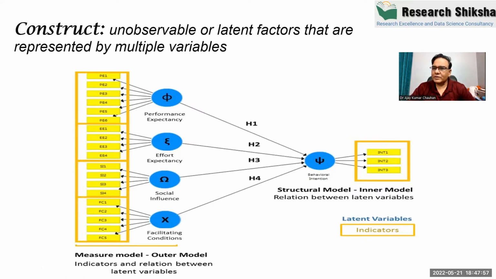The relationship between the items and the construct is expressed by values known as construct loadings. So construct loadings is the term we use to explain the relationship between the yellow items, the statements, and the blue construct. In this way, we can develop the basic models.